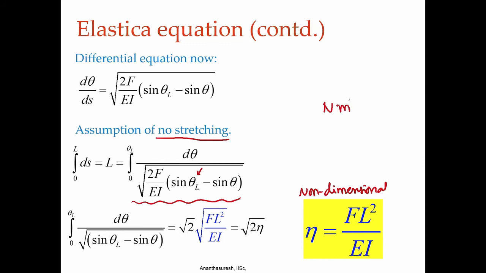It is non-dimensional because force has newtons, and then this is meter square, and then E is Newton per meter square, second moment of area is meter to the 4. So, it is non-dimensional, we can see it, right. So, Newton, this is m2, this is m2, no dimensions, right. So, what you have here on the left hand side is actually non-dimensional because it only involves the angle theta.